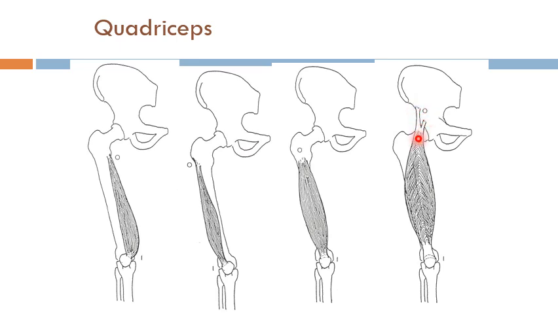And they have what's called the reflected head. The reflected head is the origin over the acetabulum. They call it the reflected head because it's a reflection of the straight head. So those are the four quadriceps muscles. So again, more pictures. Again, be familiar with being able to identify the different quadriceps muscles.